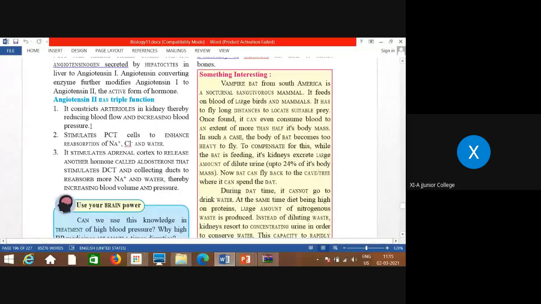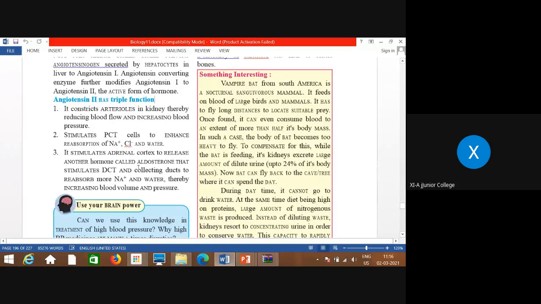So it acts in three parts. The first part is the Malpighian body, the corpuscle, that means the glomerular part of the Bowman's capsule. These blood vessels become constricted, and because of that the blood flow becomes slow, reduced, and it increases blood pressure. The second part is the PCT, where reabsorption of water and these ions is increased.